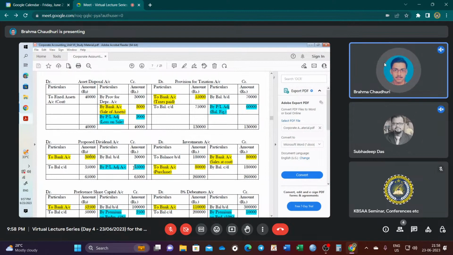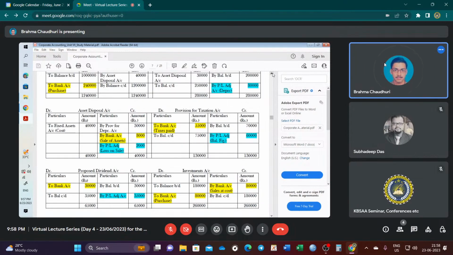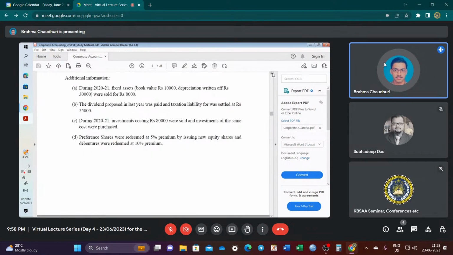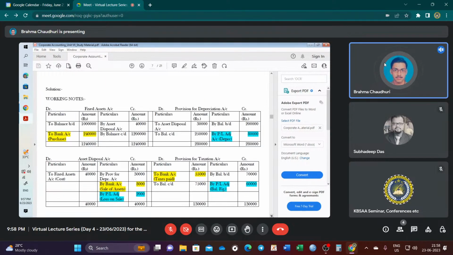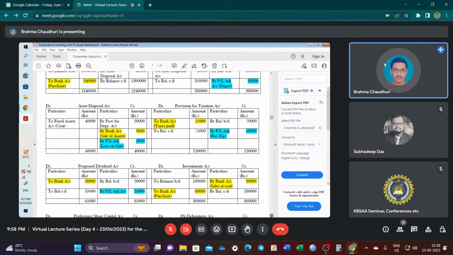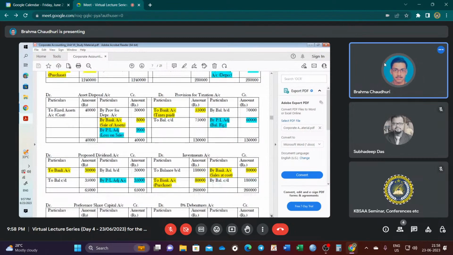So if the problem is silent, suppose nothing is stated in the additional information, then we can straight away assume that whatever is the opening balance of the proposed dividend or provision for taxation, that opening balance is being paid during the year as the taxes paid or the dividend paid during the year, and whatever is the closing balance has been provided for in the profit and loss adjustment account.